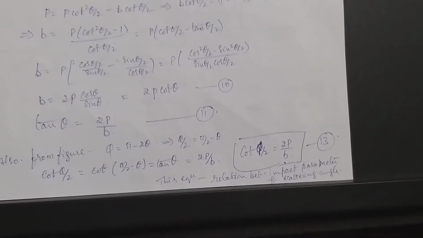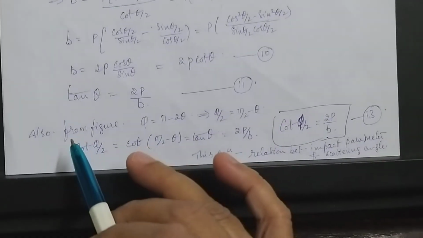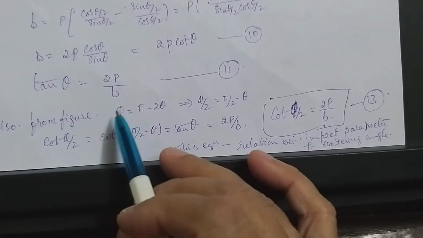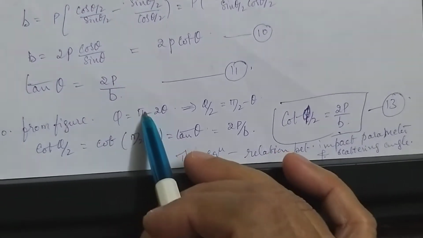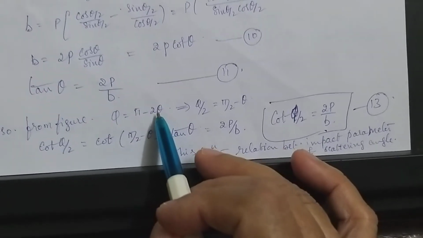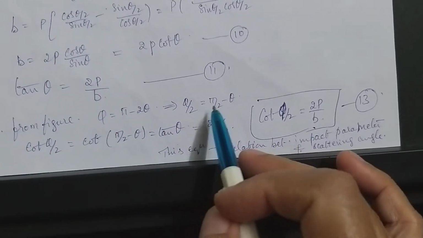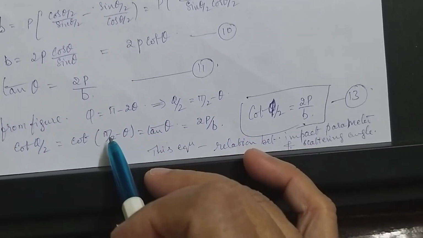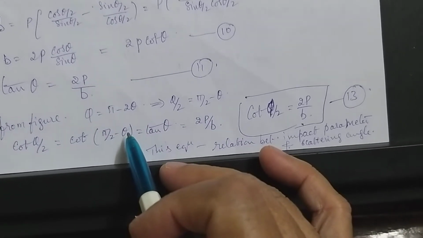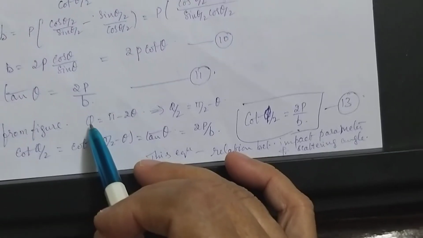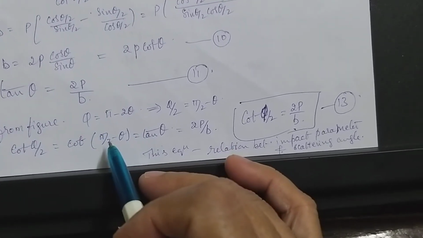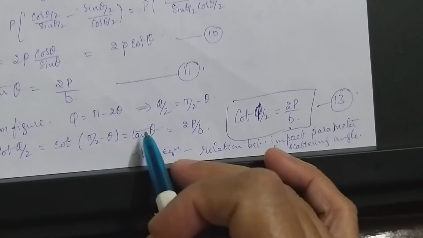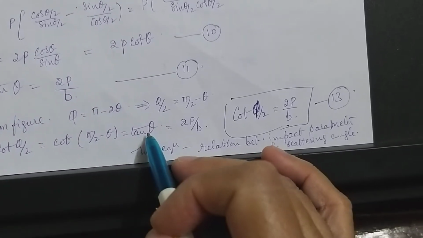So we have a relation here. Also there is a simple rearrangement here. Phi is equal to pi minus 2 theta from the figures. So phi by 2 will be pi by 2 minus theta. So cot of pi by 2 minus theta, that is cot of phi by 2. Cot of 90 minus theta is tan theta.